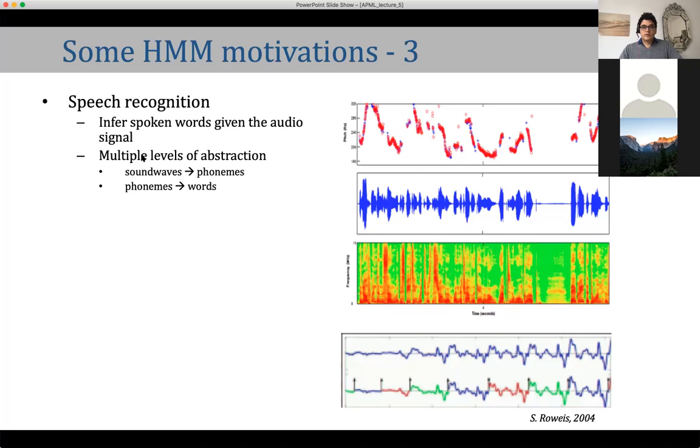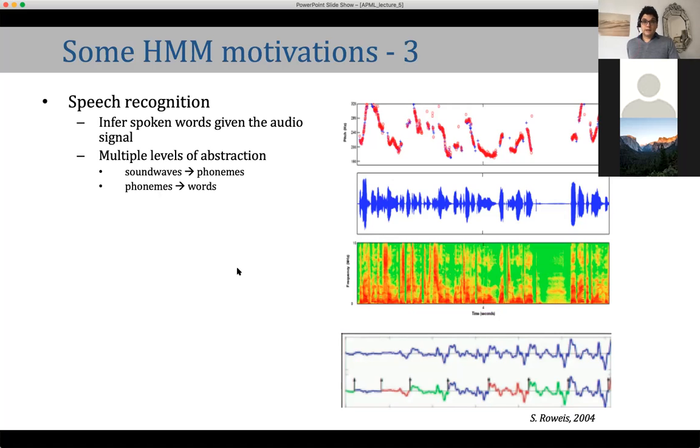Usually you want to go from those sound waves to different levels of abstraction to go back to words. First, you try to get back the phonemes, so sounds that can be written in some alphabet, and then from the phonemes you would like to re-infer the words. And this is something which was well done with hidden Markov models before.